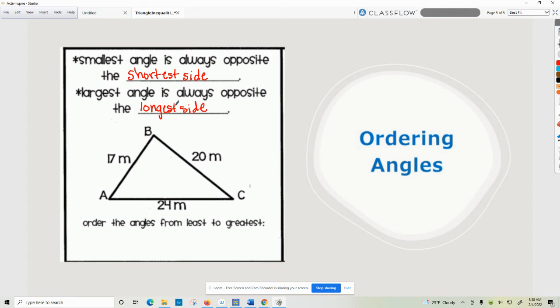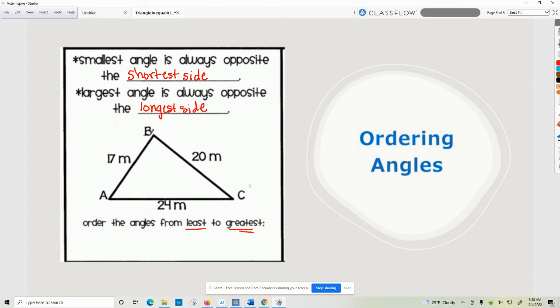Okay, so when I look at this, notice sometimes you've got to watch how they want it listed. Order the angles from least to greatest. So I want to start with the smallest angle. Remember, the smallest angle is across from, or opposite, the shortest side.